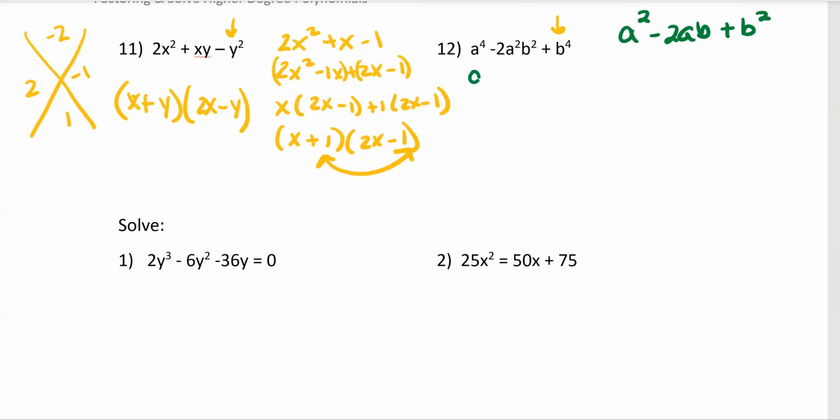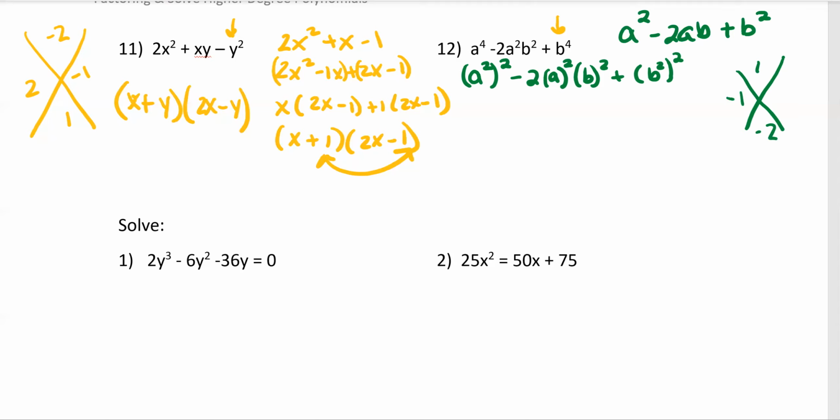But if we approach this one as a squared squared minus 2a squared b squared plus b squared squared, that is the same problem. So we need the factors of 1 that add to -2, which is -1 and -1.